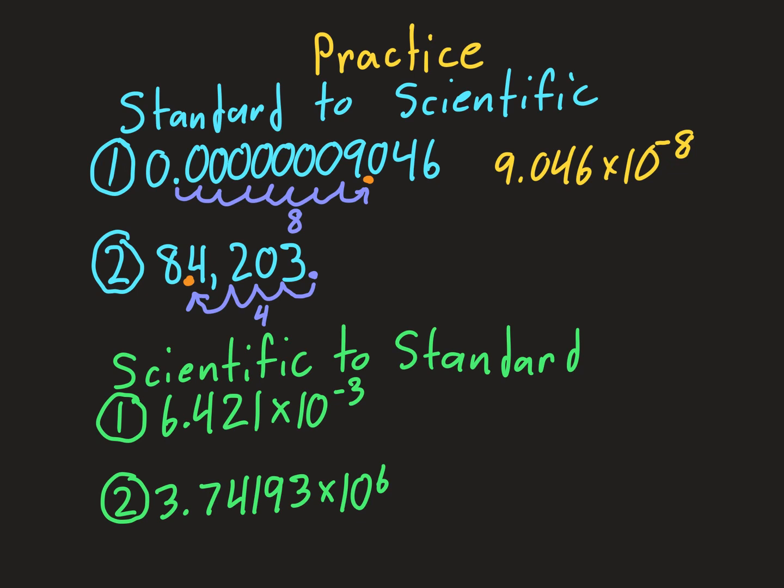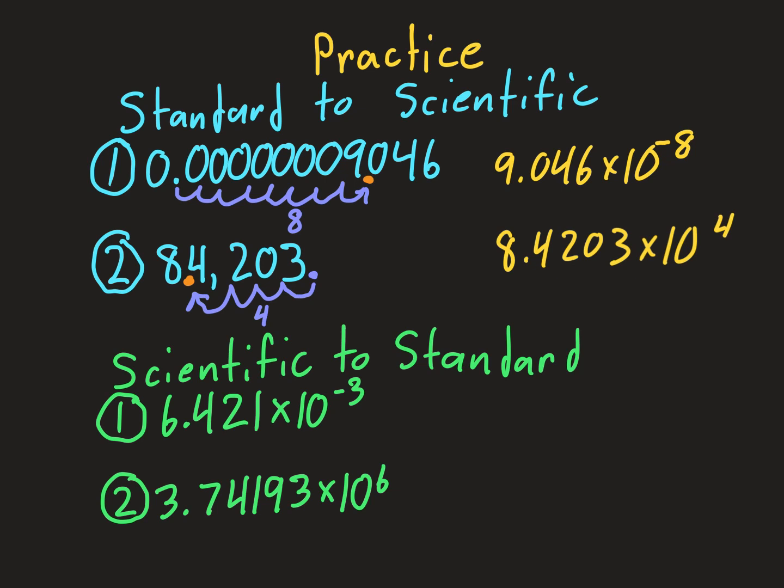And we have 8.4203 times 10 to the 4th. Now, since our original number is bigger than 8.4203, then we have to multiply, and our exponent is +4.